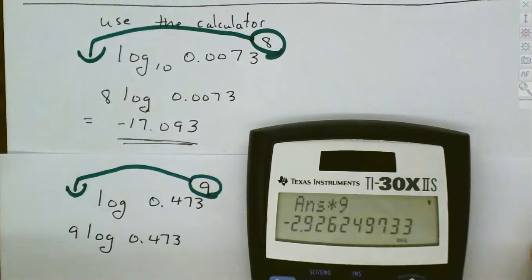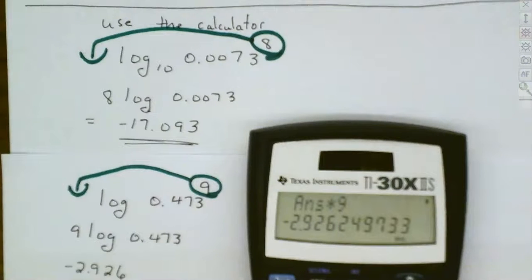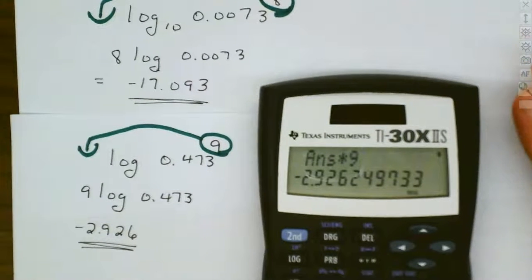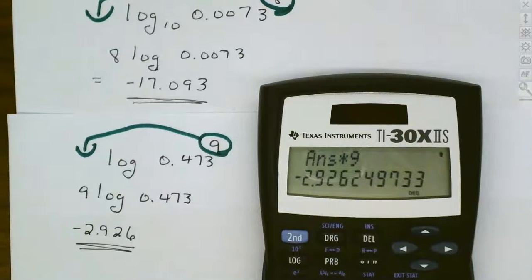Multiply that by 9. And then it comes out to be a minus 2.926. Is everyone okay with how I do that? Bring the powers down first. It's going to make it easier. I mean, you can do it either way, but I think it's much, much easier if you simply bring the power down first.